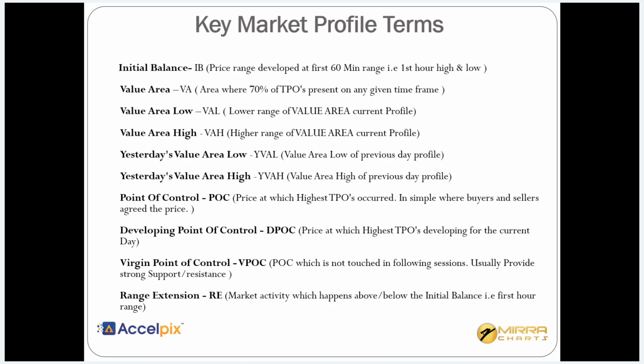So value area is where, on a given day, 70% of the auction had happened. I will use the word auction. Auction is nothing but the transactions. Where 70% of the transactions happened for that day, that is called value area.